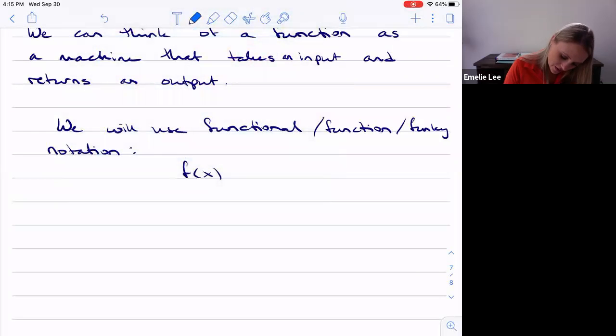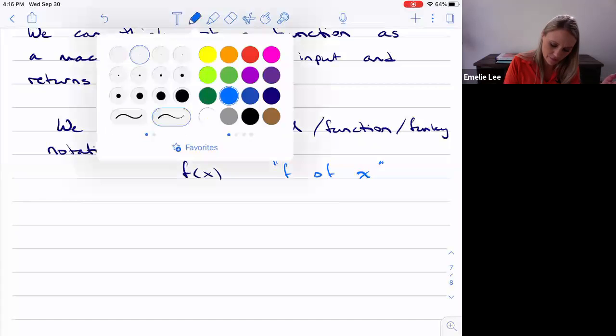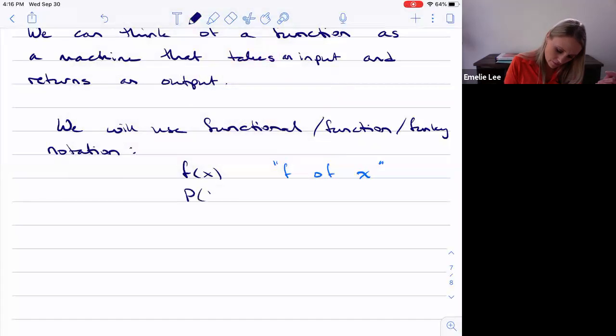F of x, right? So this you're gonna read as f of x. Whenever you have something kind of pushed up against some brackets, usually the start of them, you would read that as "of". So P of t, Q of 4, that kind of thing, right?